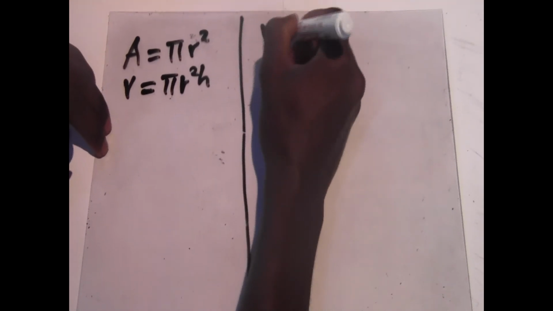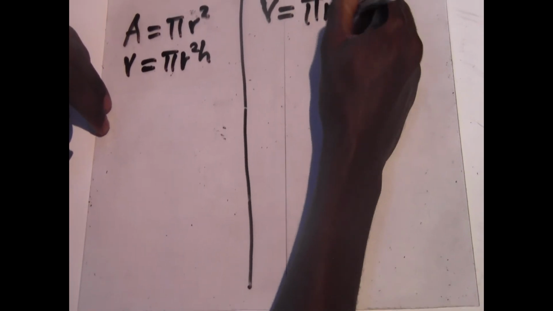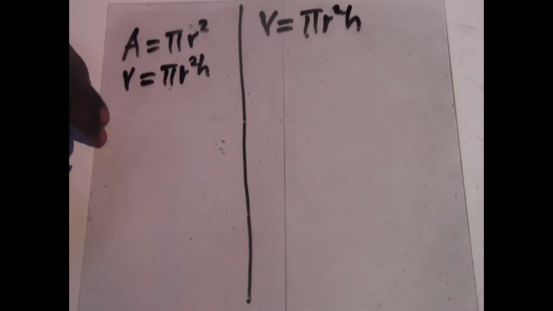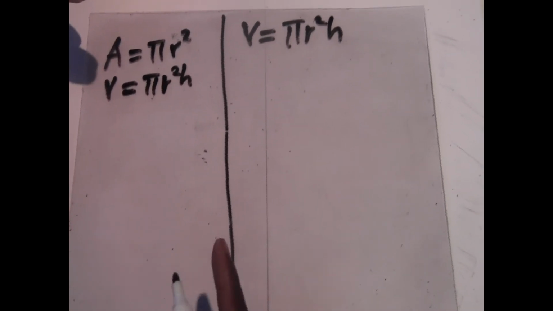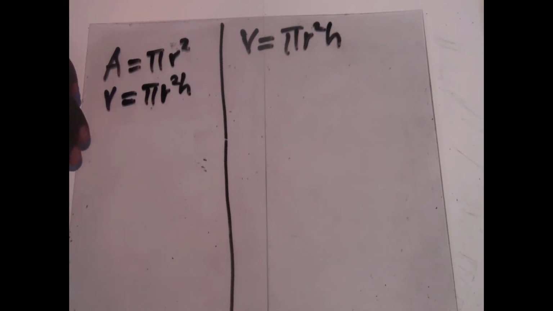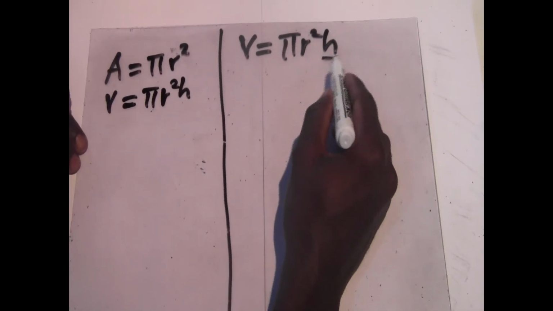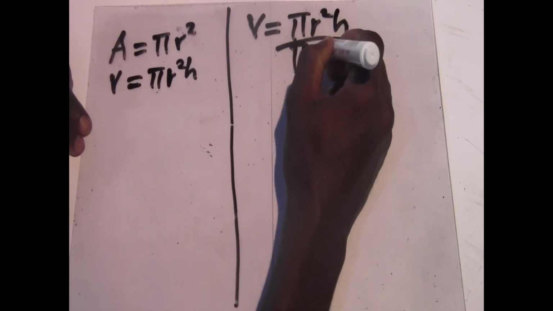Our second example is when you're given the volume of a cylinder. The formula for the volume of a cylinder is pi r squared h. And then you're told to find the height of that cylinder. In this case, you're going to make h the subject of this formula. So for you to remain with h on this side, you divide both sides by pi r squared.